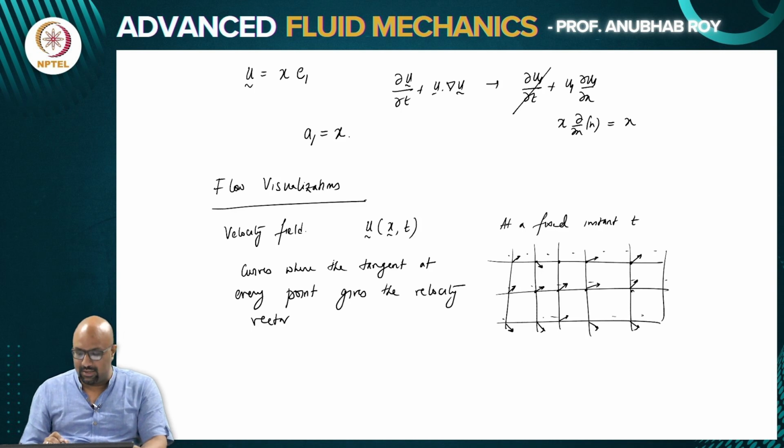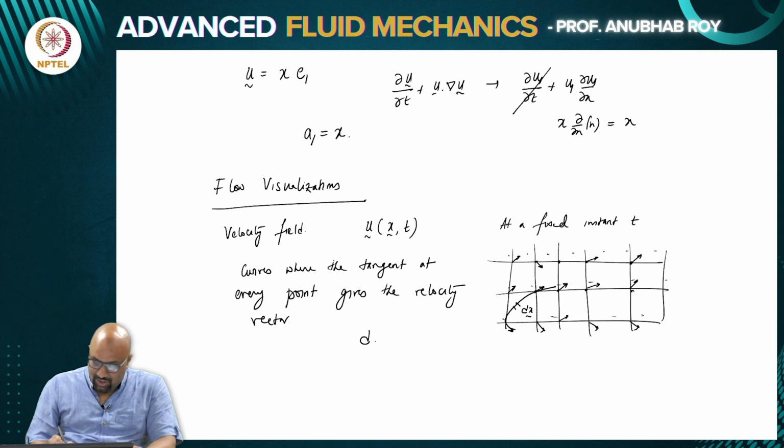Now, how do I express this mathematically? If I have a curve, I'll draw something which seemingly is a curve that satisfies this property. If I take a small segment of that curve, I will call this dx. dx has dx1, dx2, dx3 as its components. It's a small line element.